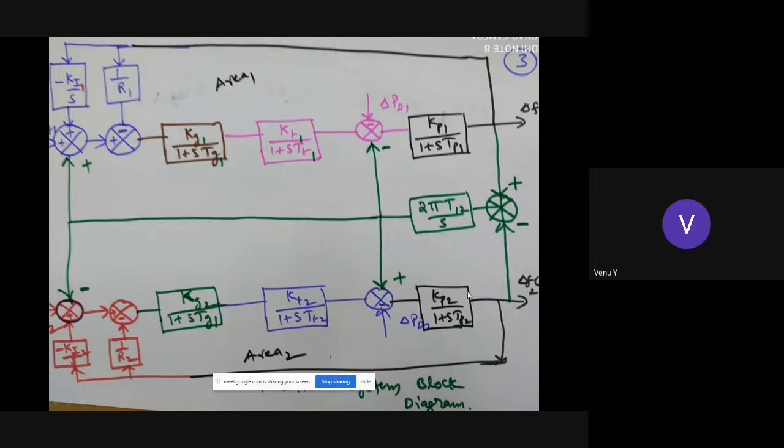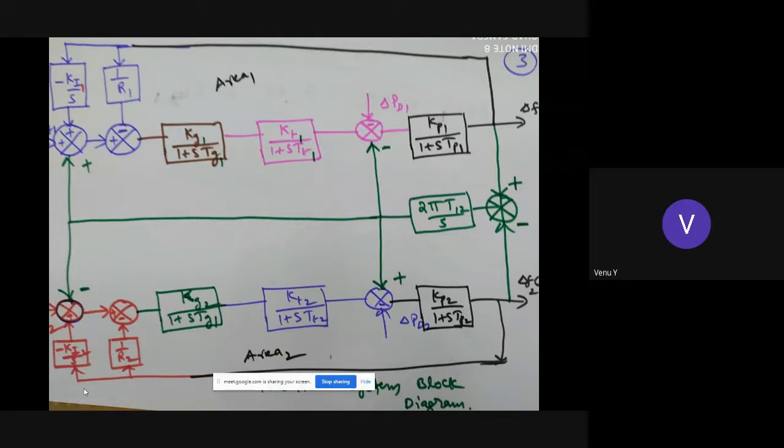Area 2 will have the generator load model Kp2 by 1 plus s Tp2, the generator load model of the second area, the turbine model and the governor model. So 1 by R2 is the droop of the second area, minus Ki2 by s is the integral control of the second area.